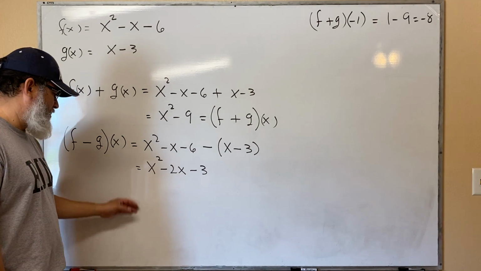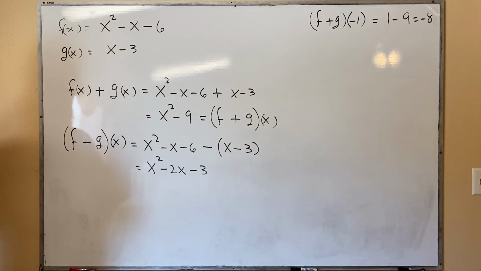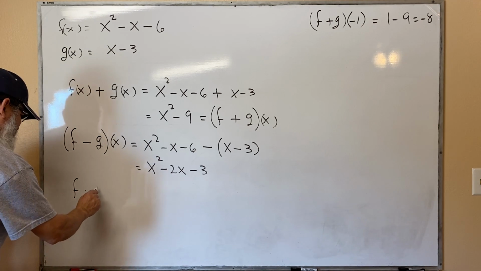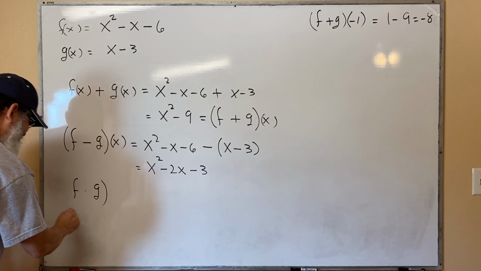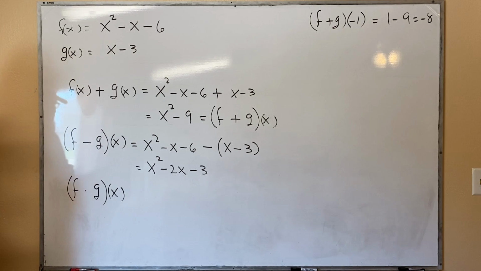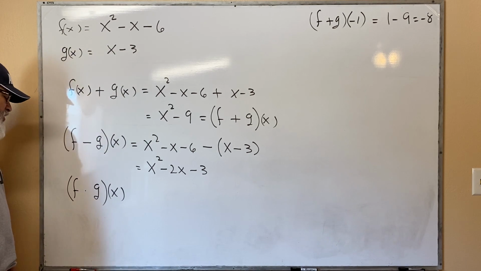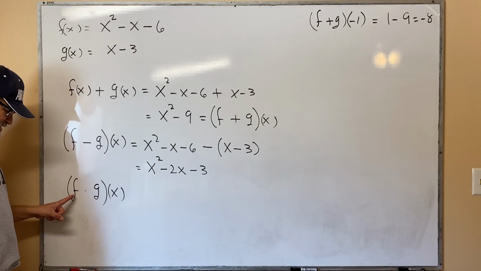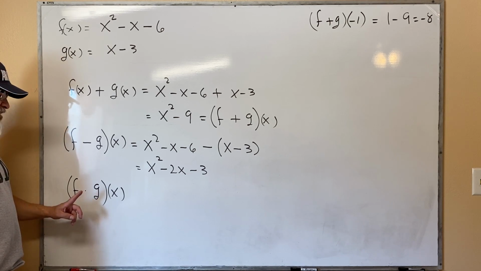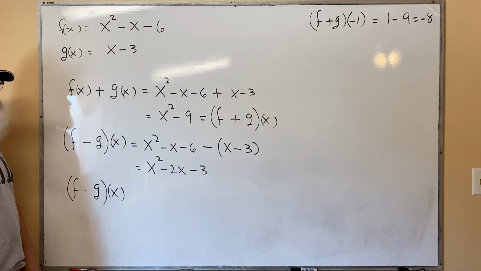Here's another one, look. How about this one? F times g of x. Look at that. What is it saying? Well, we're going to take this function f and multiply it with the function g.